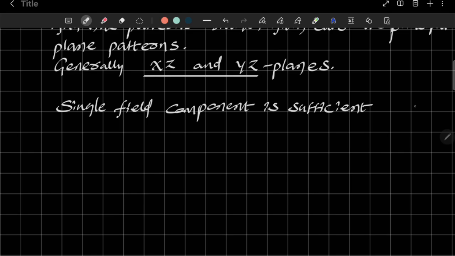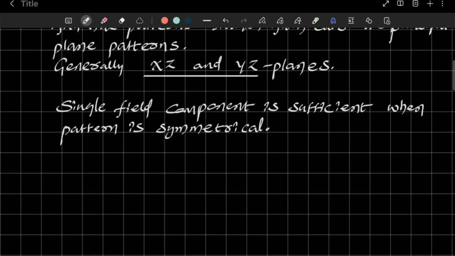Single field component is sufficient when pattern is symmetrical. It is a very good point, we can tell. The pattern is symmetrical with respect to z.